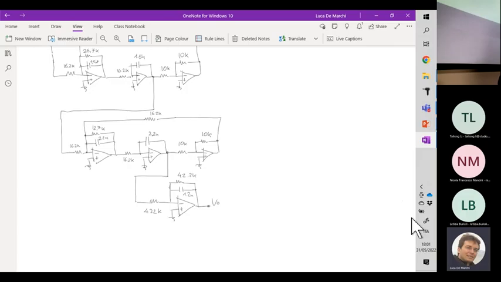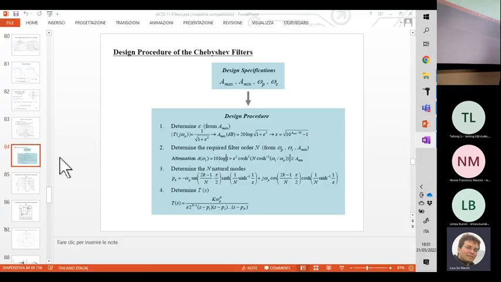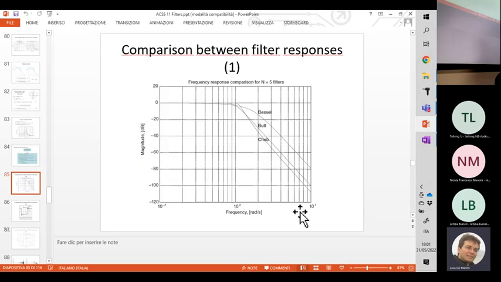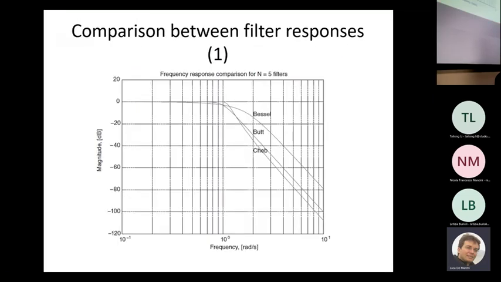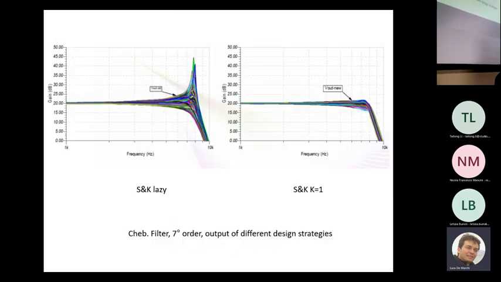So all these three topologies that we have seen, Sallen-Key lazy, Sallen-Key smart, and tau-Thomas, are realizing the same functionality. However, there is a distinction concerning the capability to address the sensitivity to variation.